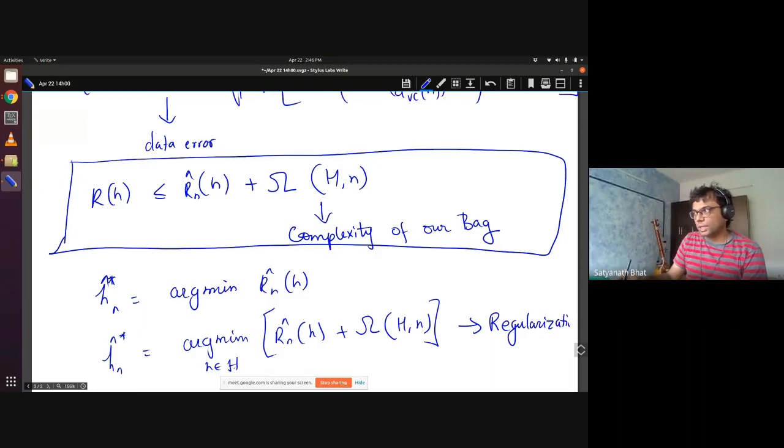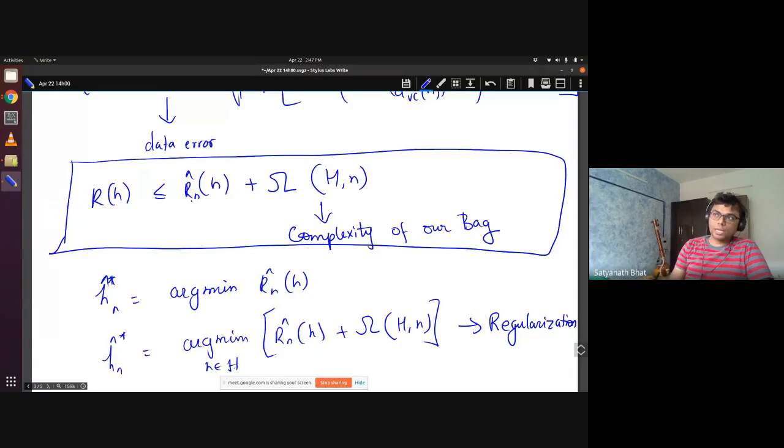We will do it in more detail when we see bias variance trade-off. But through this boxed expression, we can see directly that you should not just minimize one term. Whenever there is an upper bound of A plus B, if you only minimize over A, that may not be good.